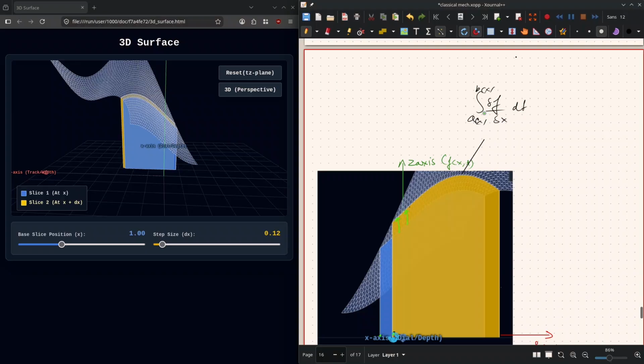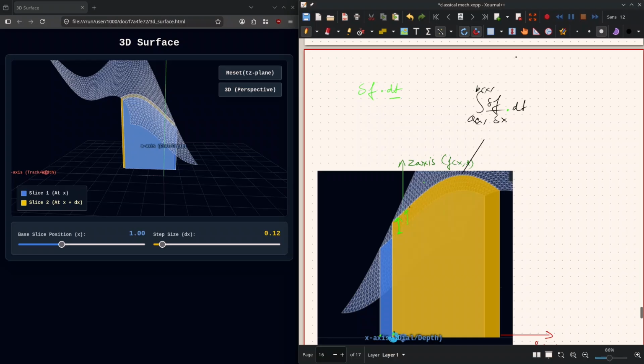And what this function is doing when we integrate it with respect to t, when we multiply delta f with dt, is multiplying this small increment in f, when we took a step along the x-axis by a small step dx, by dt.